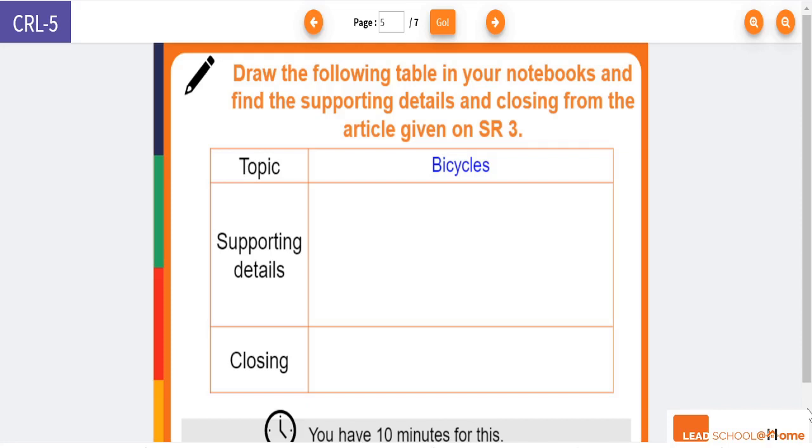And then you will also write the closing. You will find what details were given in the closing paragraph. All right. So this is an activity that you will complete in your homework today. You will complete this table, and in the next class we will discuss the details and see whether you have managed to write down all the supporting details and the elements of the closing paragraph.